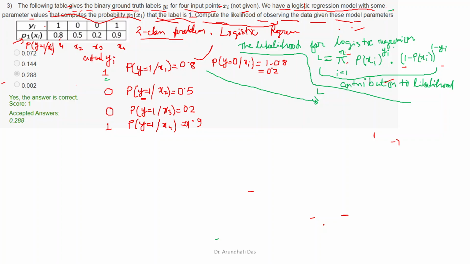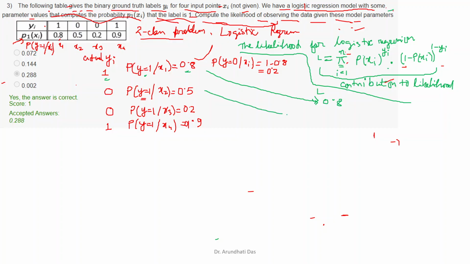Since L is a product term, to get the final likelihood value I have to multiply all these values. For the first one, the probability value is for class label 1 only, so it will be directly 0.8.